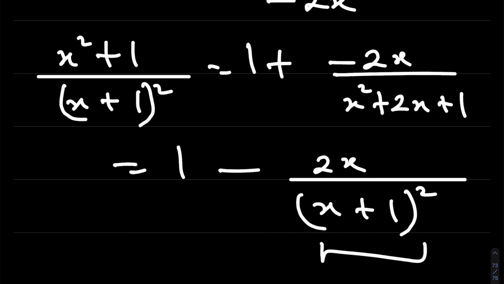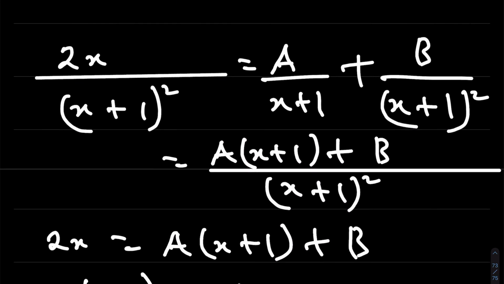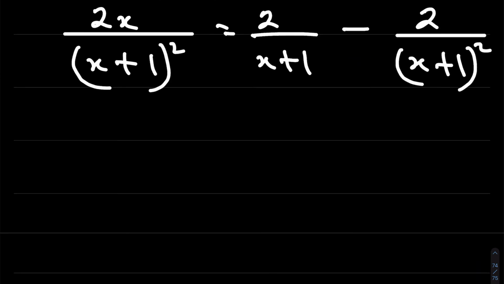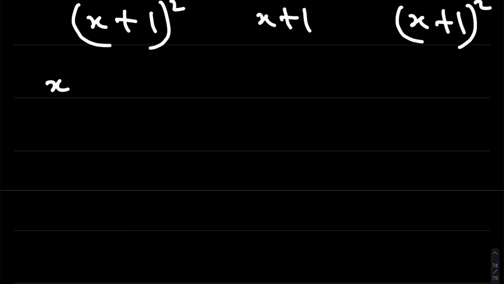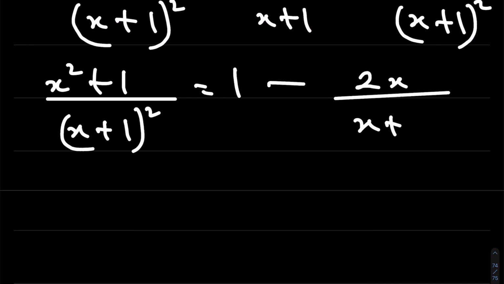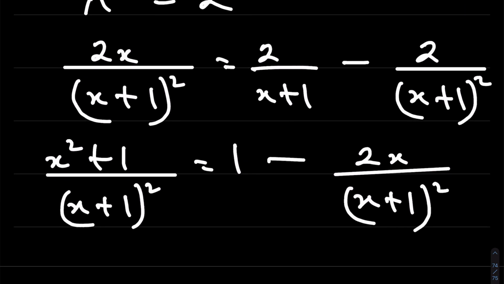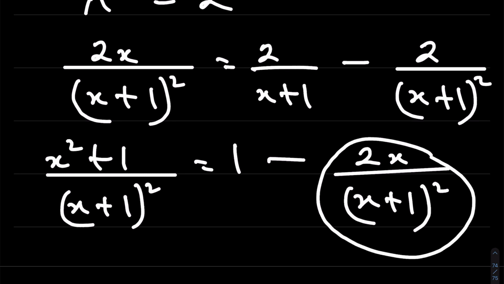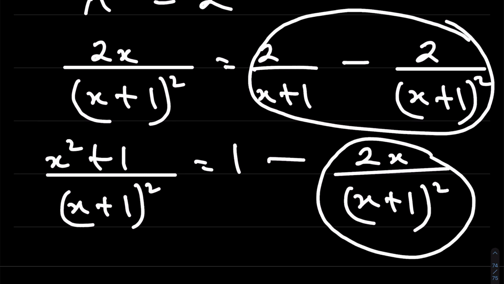I'm going to write it this way. x squared plus 1 over the square of x plus 1 is equal to 1 minus 2x over the square of x plus 1. And we know that this is the same as the whole of this.